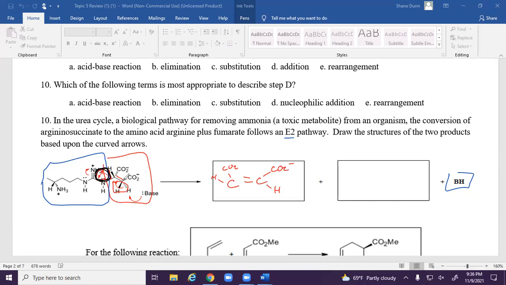So there's our first product. So you were just drawing out the second half? Yep, this red box. I just drew it out. Does that make sense? Mhm. Yep. So I'm going to erase all the red stuff because we don't need it anymore. Okay.